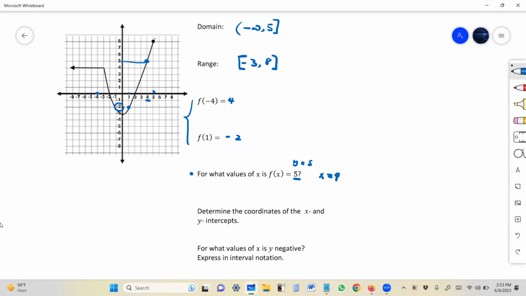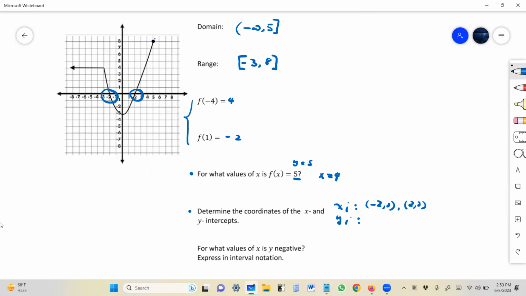All right. X and y intercepts. Again, the x-intercepts are the locations where the graph crosses the x-axis, which is this one right here, and this one right there. So I think you can see in both cases, negative 2, 0, and 2, 0.